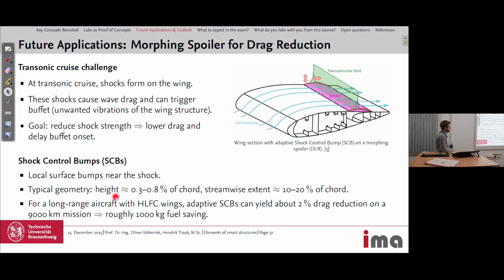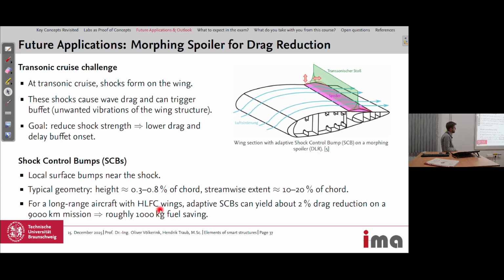Typical geometry of these local bumps is 0.3 to 0.8% of chord in height, and the streamwise extent is 10 to 20% of chord, with a height of less than 1% of chord.